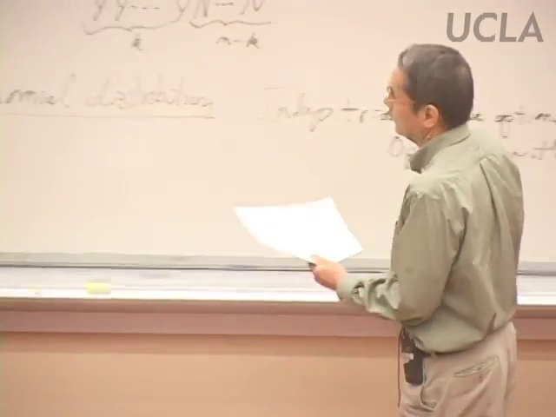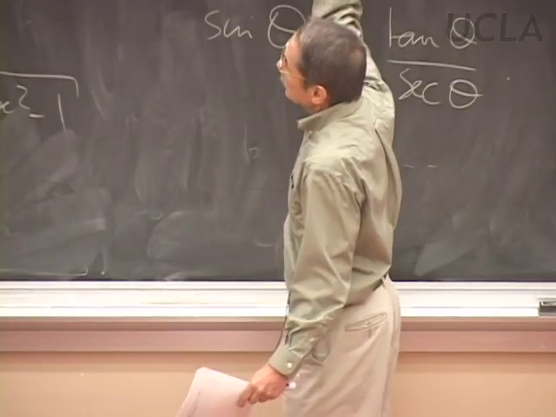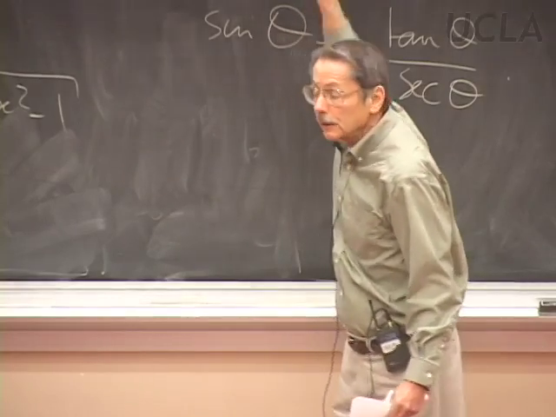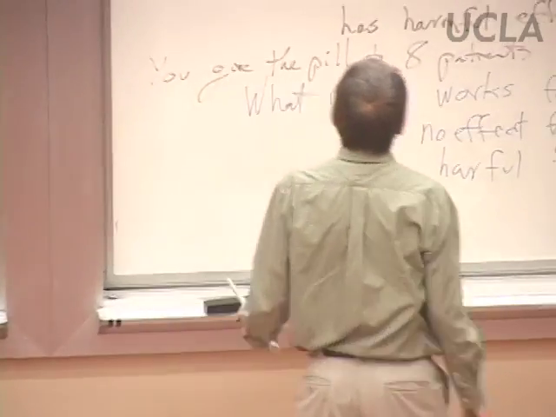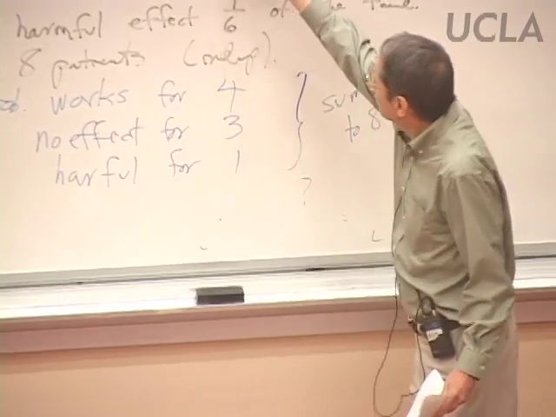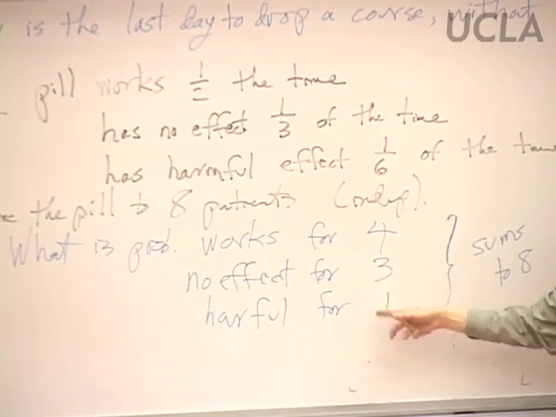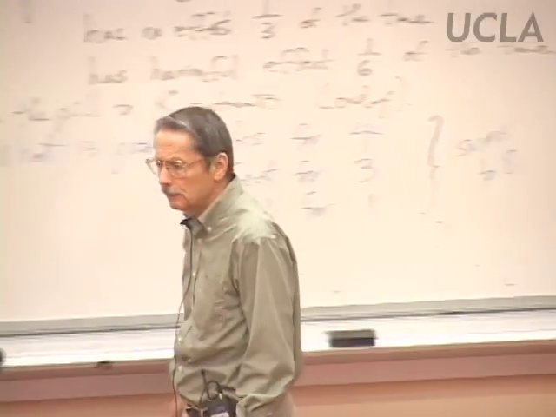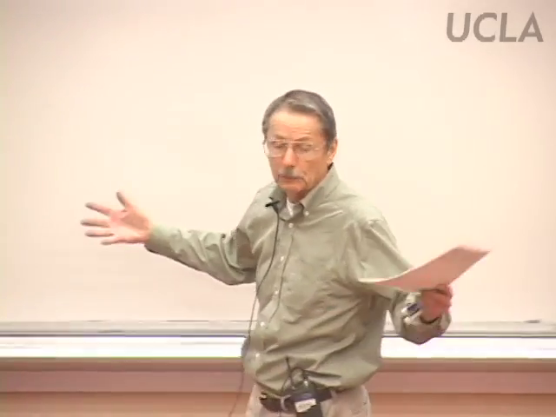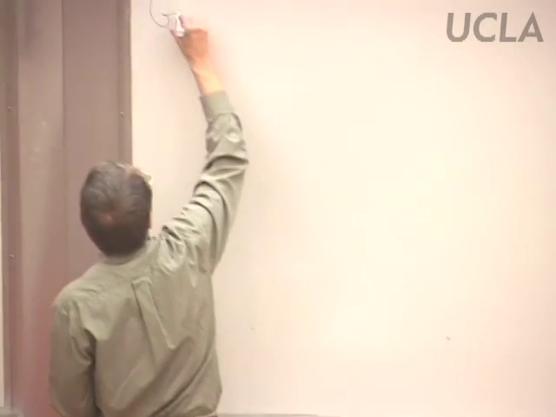Well, more generally, what can we take away from this problem that will be useful in other trinomial distribution problems? Well, we expect to have these 3 probabilities that add up to 1. We're interested in a count that adds up to the number of trials, and we want the probability mass function. So let's write that down.